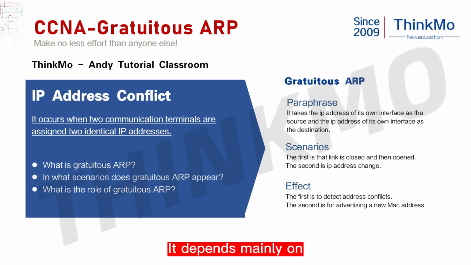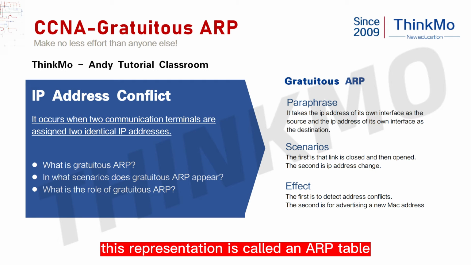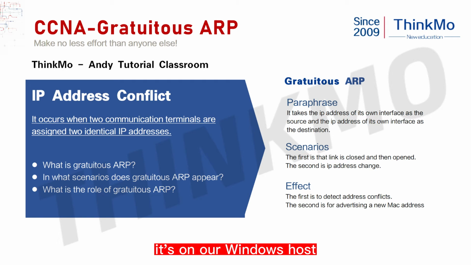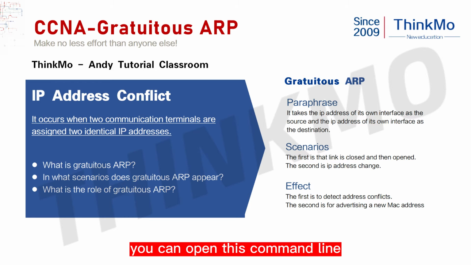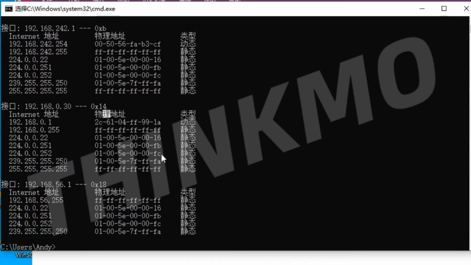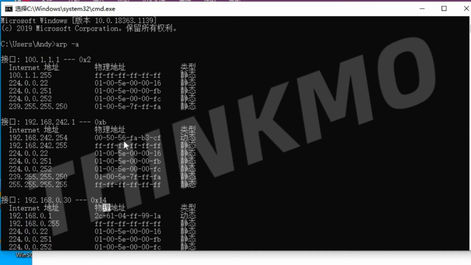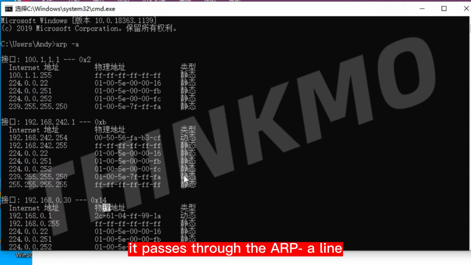It depends mainly on a table on our device. This table is called an ARP table. It's also visible on our Windows host. You can open the command line, CMD, and use the arp command to view it.